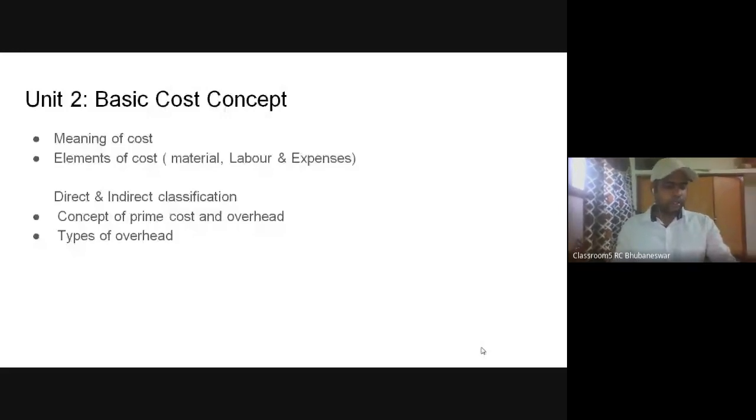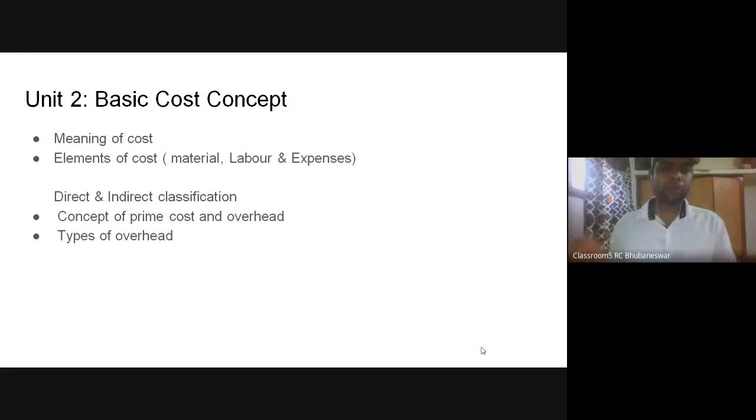In general terms, if a person is asking what do you mean by cost, the answer you normally give is that the purchasing price of a particular product becomes the cost of that product. But from the business or cost accounting point of view, it is something else.